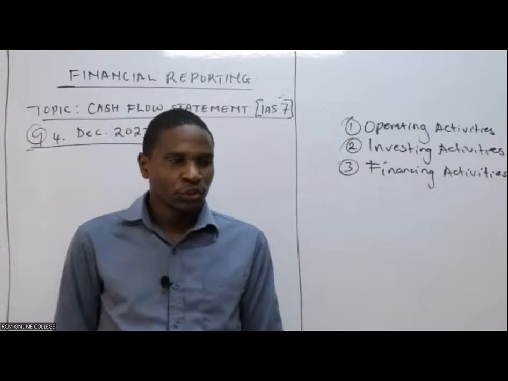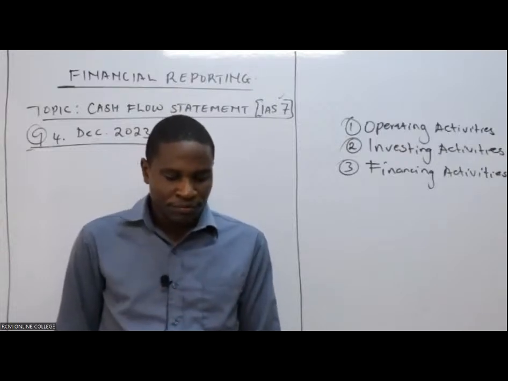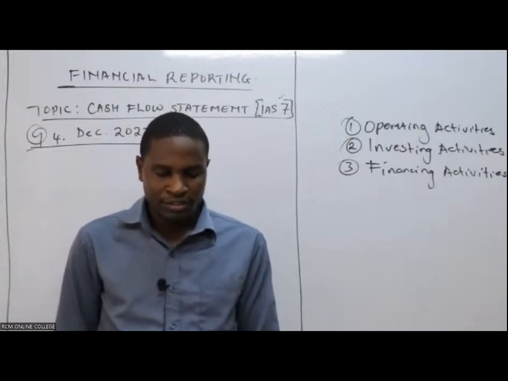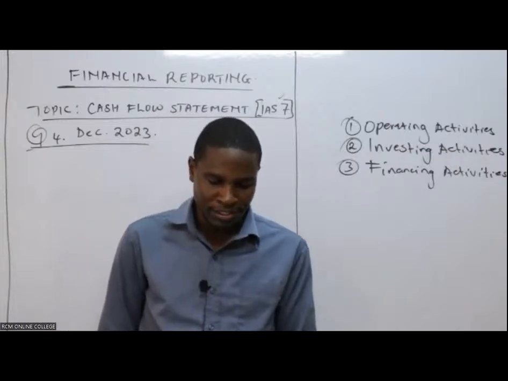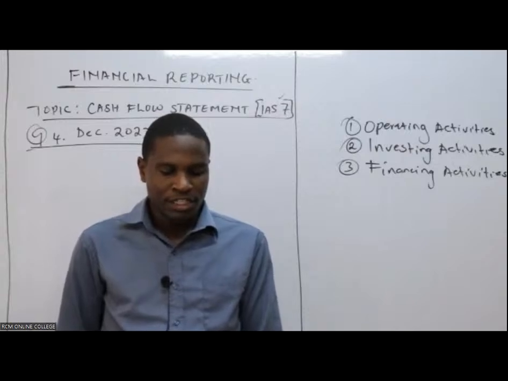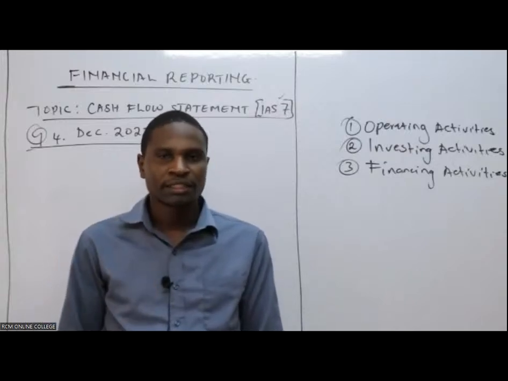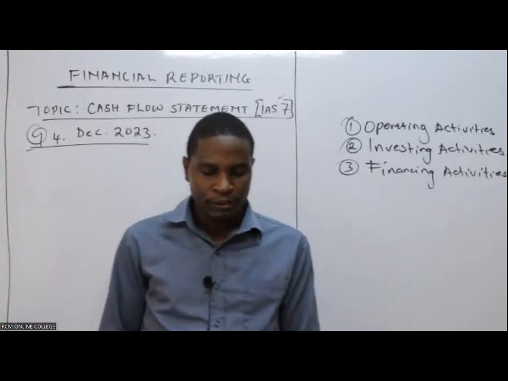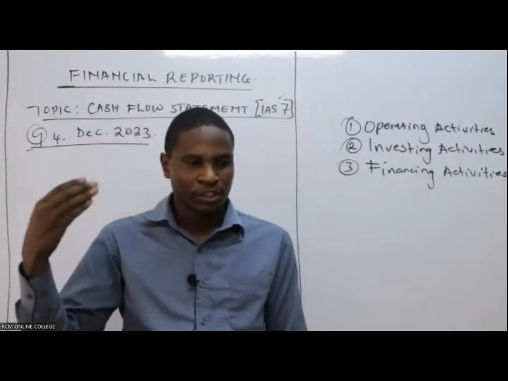Now, the question reads: the following financial information was extracted from the accounting records of Bundo Limited, a public limited company. We are given the statement of financial position as at 31st October 2023 and 2022.